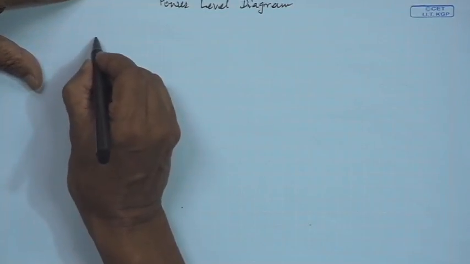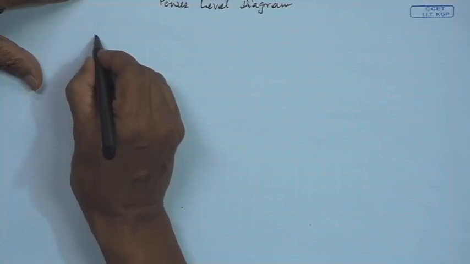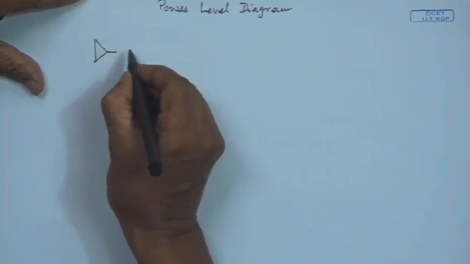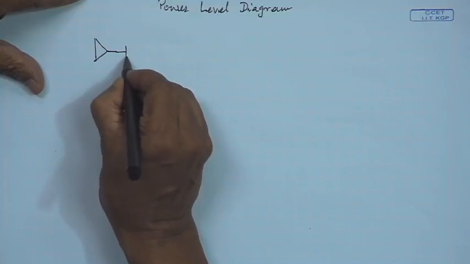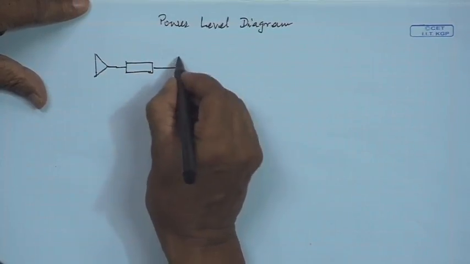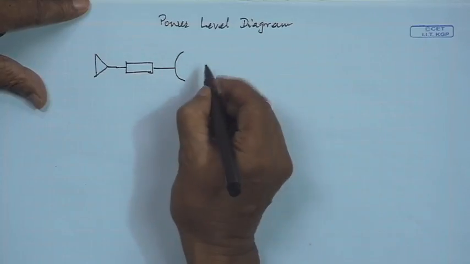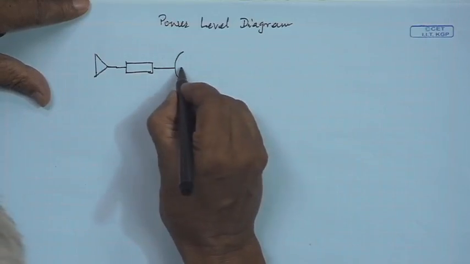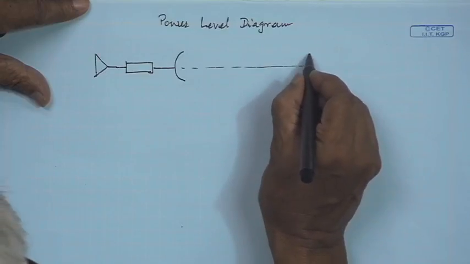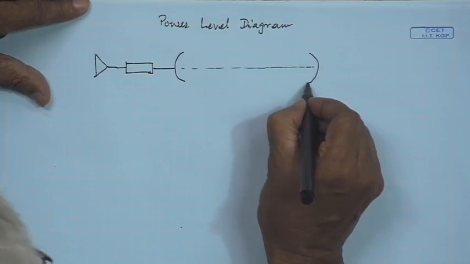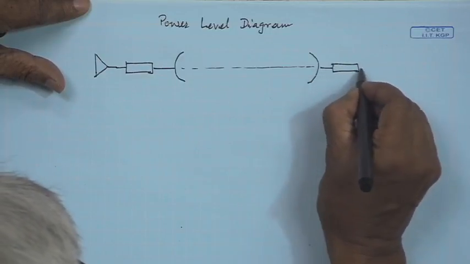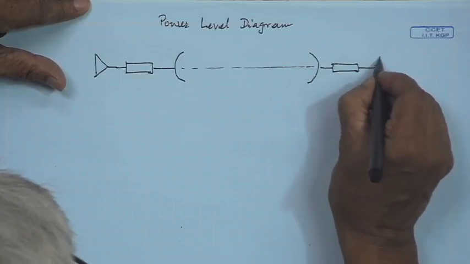It may be like this: we have the transmitter power amplifier, and then there is some loss, that is feeder loss, then there is the transmit antenna, and then at a distance we have a receive antenna, and then there is a feeder loss, and then it goes to the receiver.